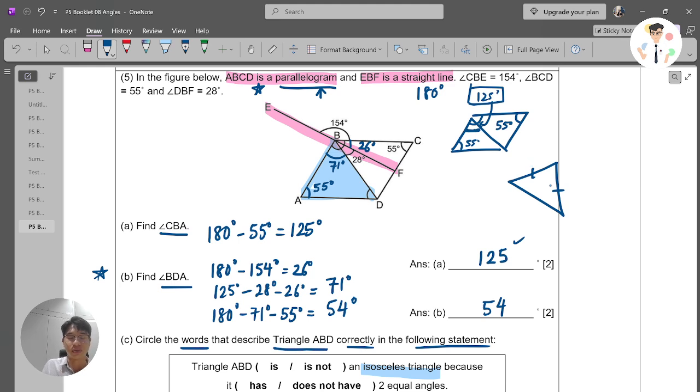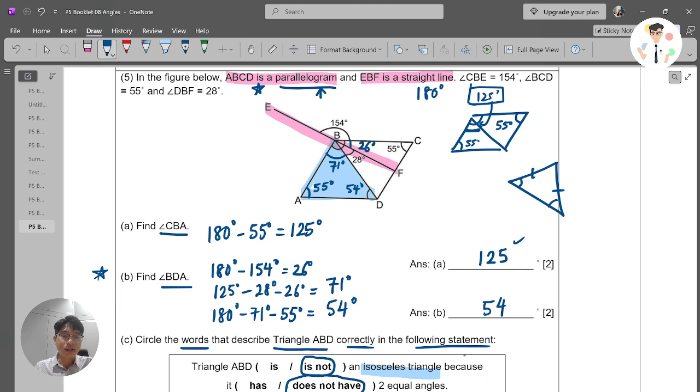Two sides should be the same. But as you can see here, the angles are 71, 55, 54. If it's an isosceles triangle, it means that two of these angles must be the same. But none of these angles are actually the same. So this is definitely not an isosceles triangle because it does not have two equal angles.